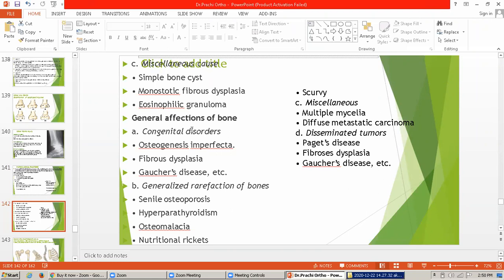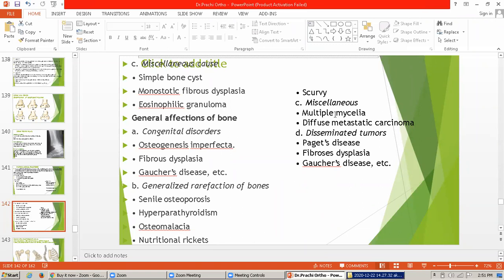First one, that is congenital disorders, in that osteogenesis imperfecta, fibrous dysplasia, Gaucher's disease, etc. Second, that is generalized rarefaction of bone, in that senile osteoporosis, hyperparathyroidism, osteomalacia, nutritional rickets, and scurvy.